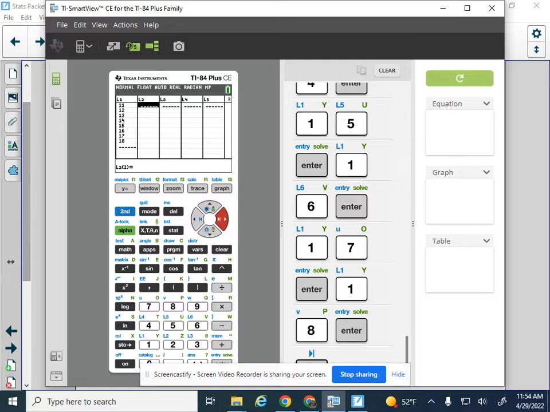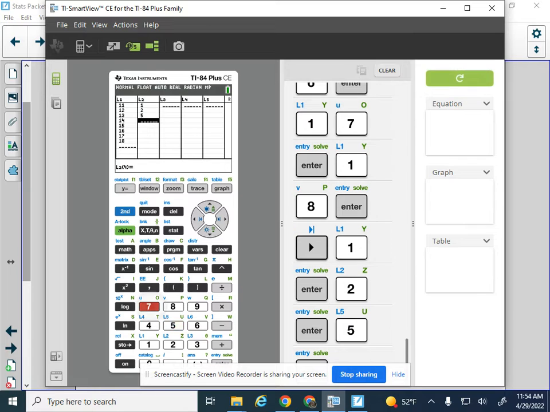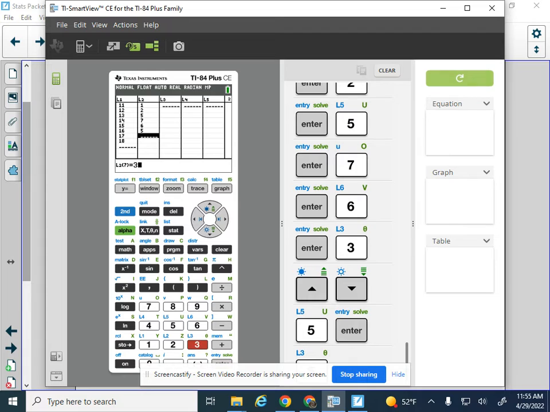And then for our frequencies, we have the 1, 2, 5, 7, 6, 5, 3, and 1. So I have all my data and they're even.